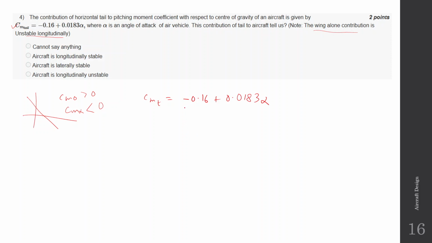So you can see that the Cm naught here is less than 0 and the Cm alpha is greater than 0. So both the conditions are not satisfied. And we also know that the wing alone contribution is unstable. So there is nothing stable about this aircraft. The wing is unstable and the tail is also unstable. So overall the aircraft is going to be unstable. So here the answer is that the aircraft is longitudinally unstable.